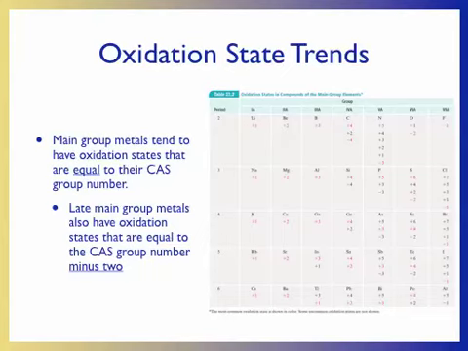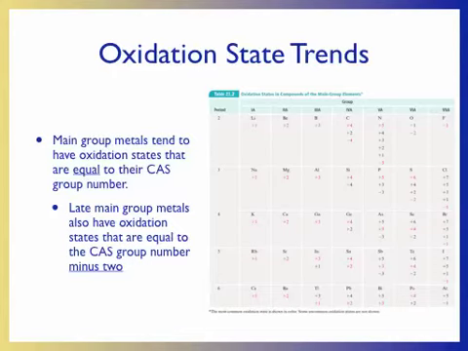Later main group elements, those that have less metallic character, also may have oxidation states that are equal to their CAS group number. They also may have oxidation states that are equal to their CAS group number minus 2.